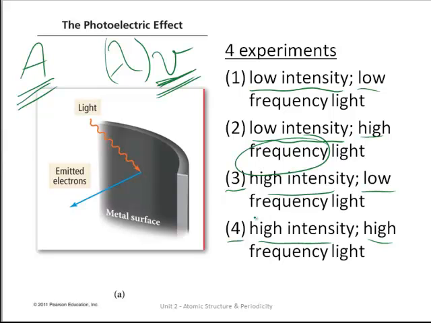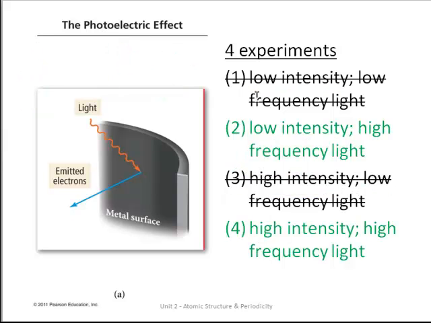And they also hypothesized that a low intensity light in experiments 1 and 2 could emit electrons, that there might just be a build-up period where the absorption of the light would build up and eventually emit electrons. Now it turned out that that was not true.